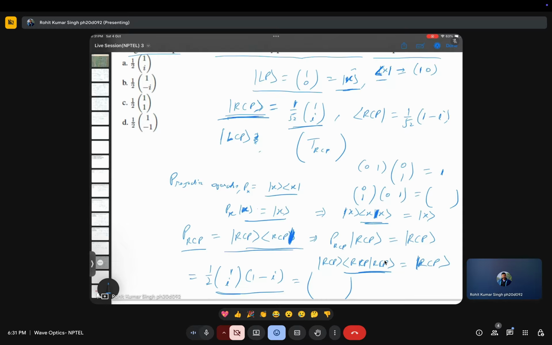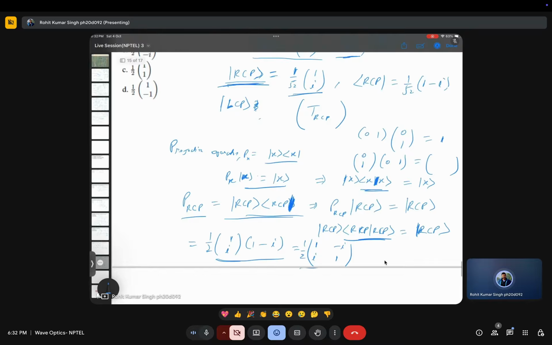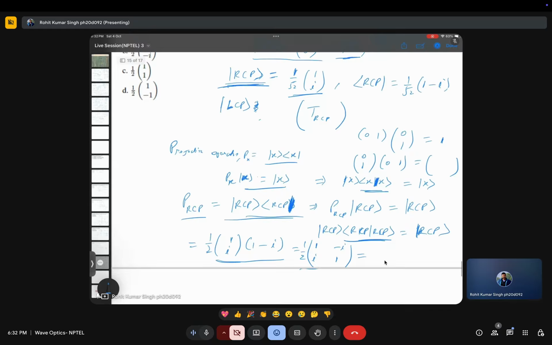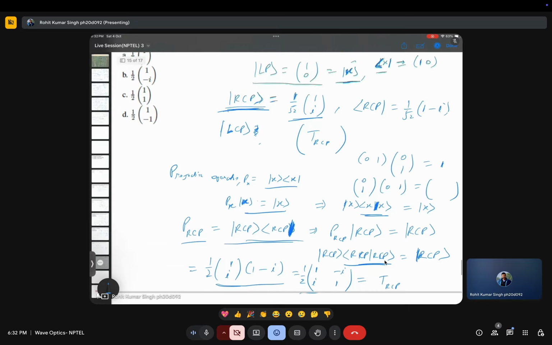You can do this matrix multiplication. So you will get 1 here, minus i here, and i here, and minus i square is minus 1, so 1 here. This is your matrix for right circular polarization.